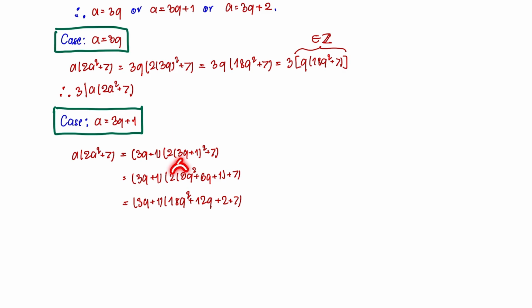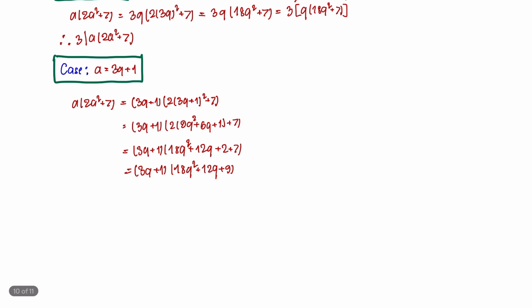Alright? And then we have (3q plus 1) times (18q squared plus 12q plus 9), since 2 plus 7 is 9. As we can see, we can factor 3 out of this term. So we have 3 times (3q plus 1) times (6q squared plus 4q plus 3).